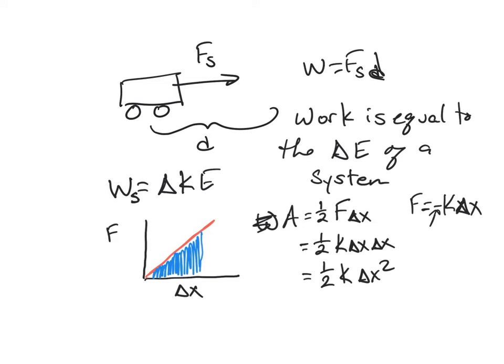Now, we have our cart that's moving along at some velocity because the spring is pulling on it or has pulled it. But at the same time, we have this little force of friction acting in the opposite direction.